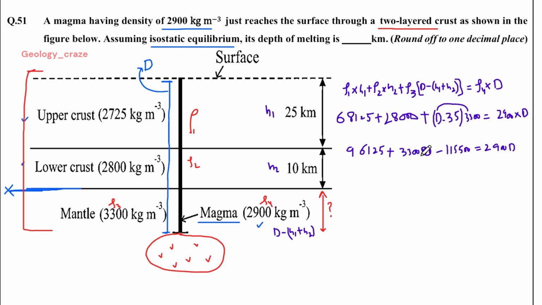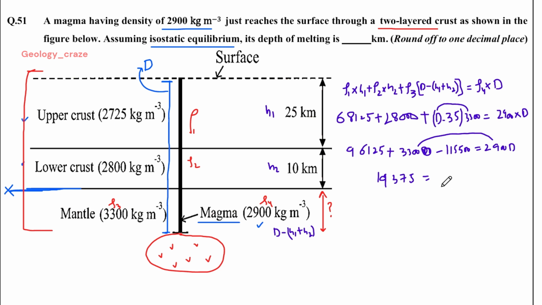Now we will take it to this side, or we will take this number to this side and subtract these two numbers. And we will get how much? We get 19375. And this side we will get how much? 33 minus 29.